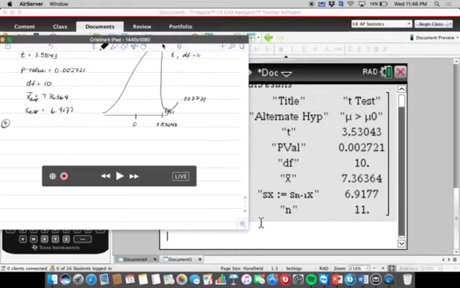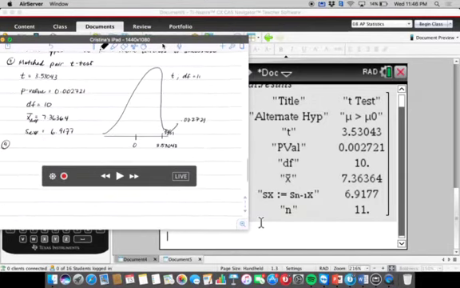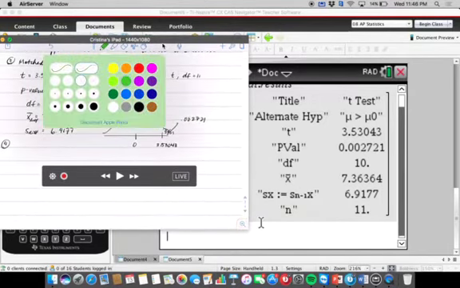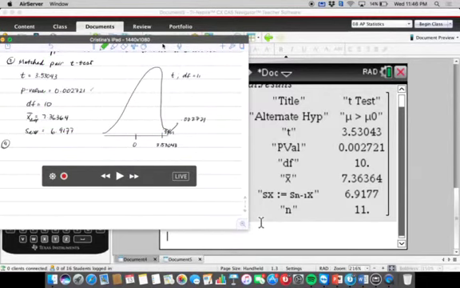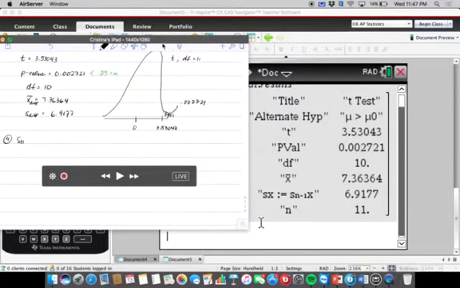Okay, so we're going to compare it to the significance level alpha, which was 0.05, and we see that the p-value is less than 0.05, which is equal to alpha. So remember, if the p-value is low, you reject the null hypothesis. Okay, so we're going to write that down. Since your p-value is equal to 0.002721 is less than 0.05, which is your alpha, we reject your null hypothesis.